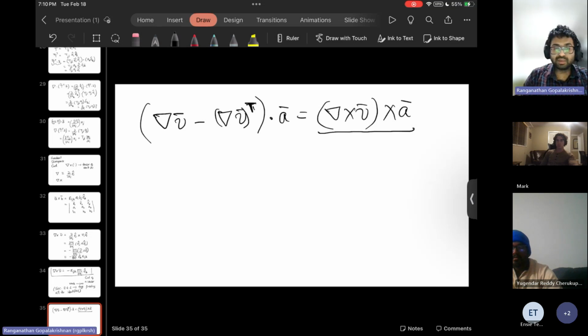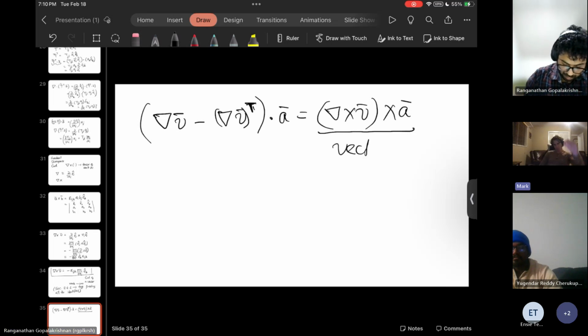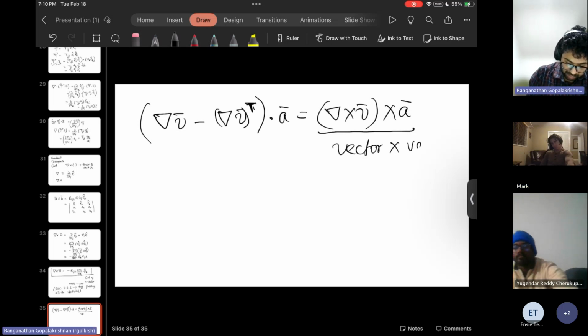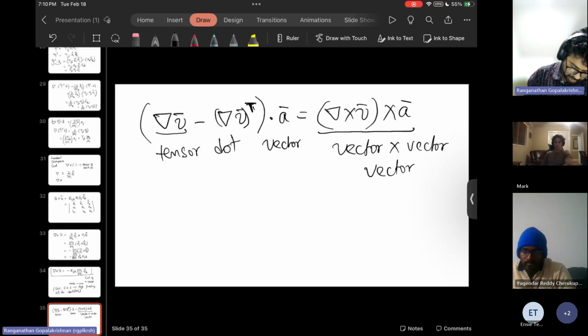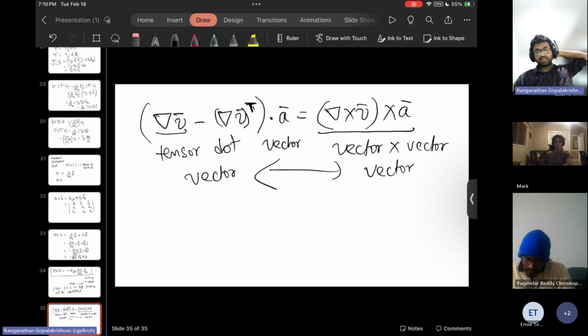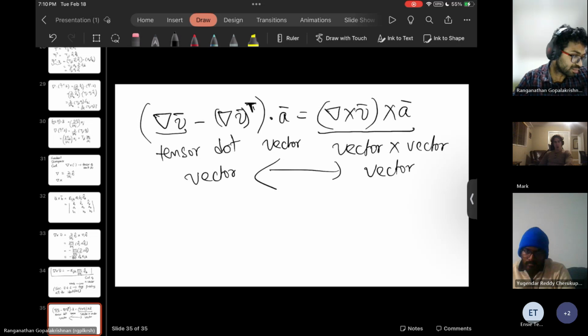Curl of a vector is a vector. So you get a vector cross another vector, which is again a vector. So this is a tensor dot a vector gets you a vector. Of course, they should agree because they are the left and right side. They should represent the same thing.